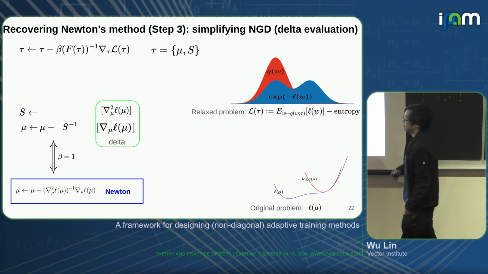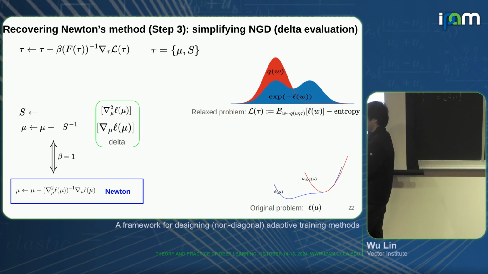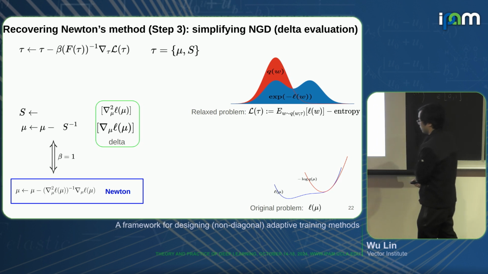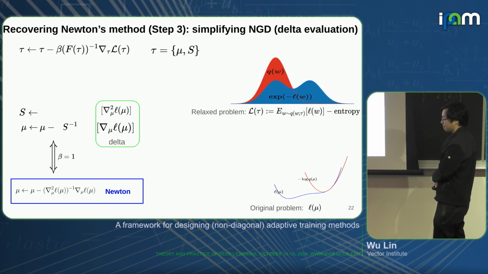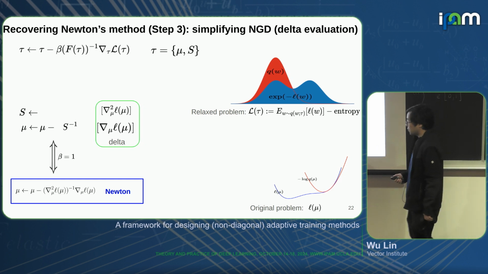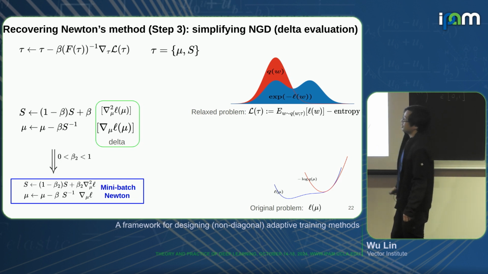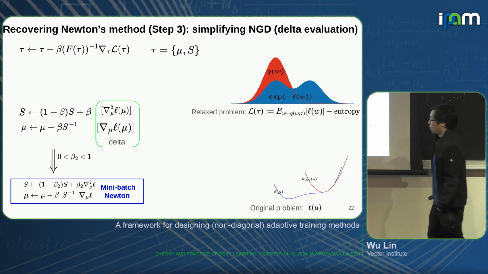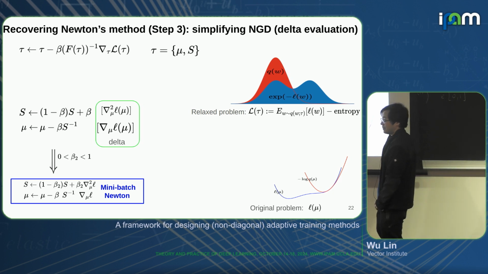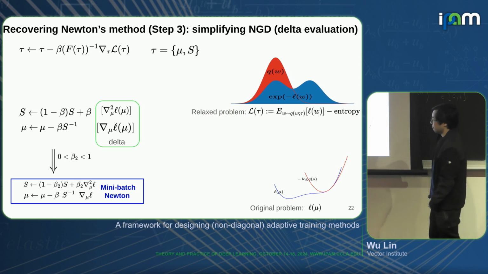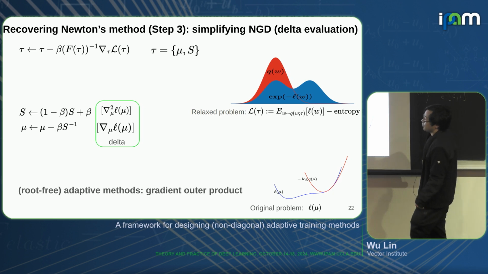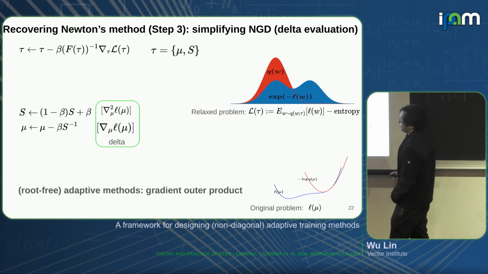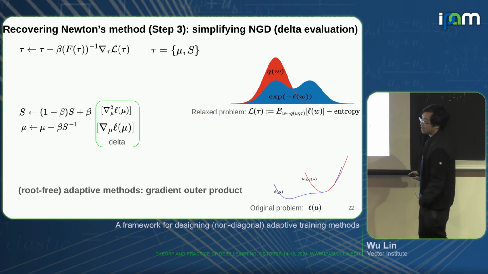If we set beta equal to 1, we obtain Newton's method to solve the original problem. If we introduce an additional learning rate beta 2 to update the preconditioner, we obtain the mini-batch Newton's update scheme. And we can recover root-free adaptive methods by replacing the Hessian with the gradient outer product.